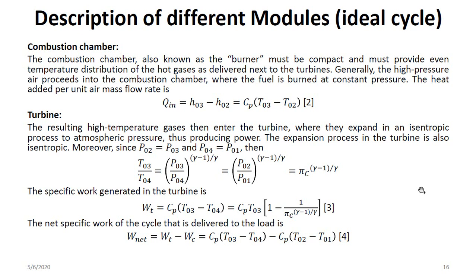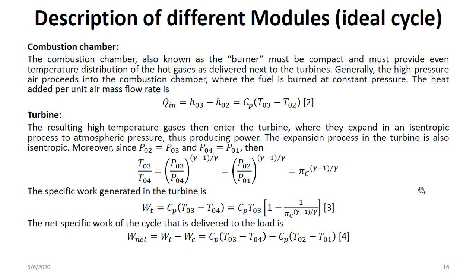In the expansion process in the turbine, if we assume ideal situation, the pressure at 2 will be equal to the pressure at 3, since we've assumed that there is no pressure drop in the combustion chamber. So the pressure at exit to the compressor and entry to the turbine will be the same.